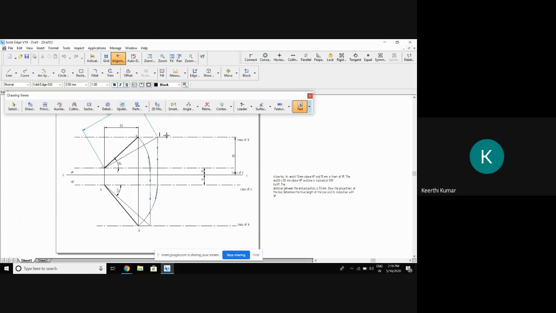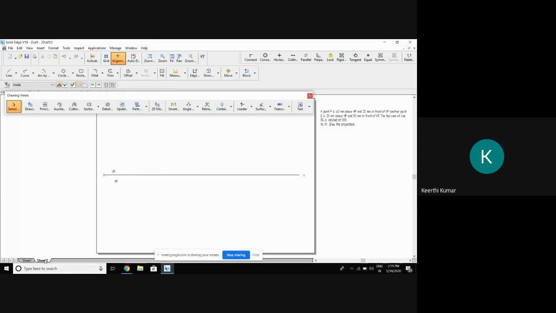So this will be V1 dash, this will be V1. This will be V2, this will be V2 dash. So this completes the naming for the entire lines: two names for the apparent line, two names for the true line, in VP and HP. That's all. So the second problem is this.